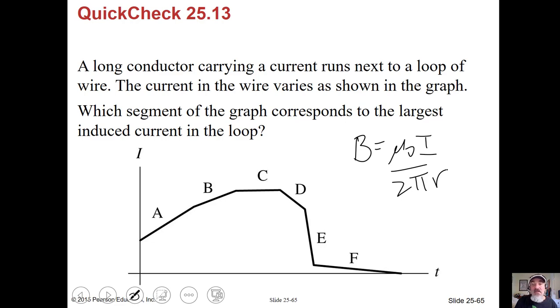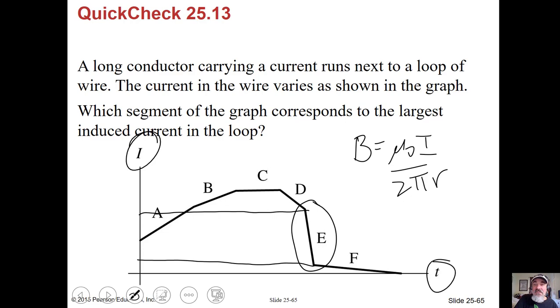So really we're asking here, which one of these segments is the current changing the fastest? Right, that's where it changes the fastest. It goes from whatever this value is down to this value in a short amount of time, because we've got I versus t. Segment C, nothing actually happens. There is no change in current. There's no change in magnetic field. Okay, so E would be the biggest change in current, which corresponds to the biggest change in magnetic field. That will give you the biggest induced EMF.